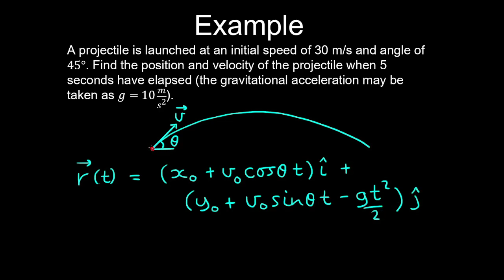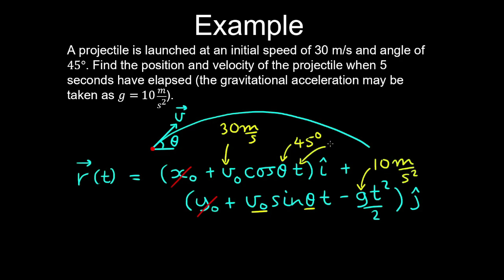So if we take the origin to be at the position of the projectile, we can get rid of these terms, and substituting for v0 being 30 meters per second, the launch angle of 45 degrees, a gravitational acceleration of 10 meters per second squared, and an elapsed time of 5 seconds.